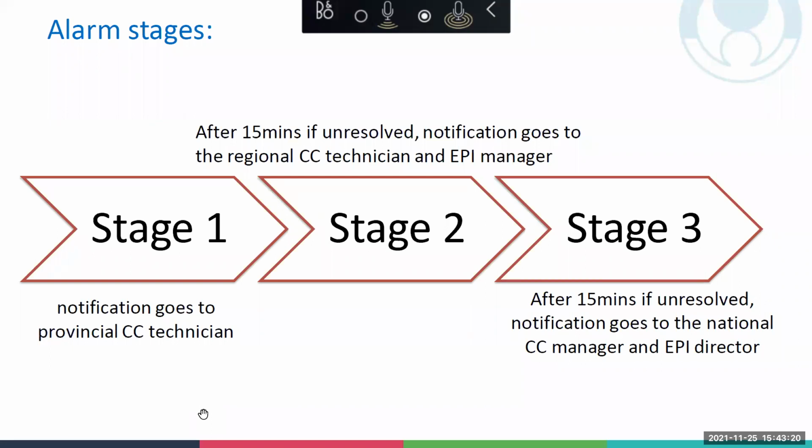If action is not taken and the issue is not resolved immediately, after 15 minutes the alarm notification goes to the next stage, and at that stage all the technicians involved at the level where the alarm comes from are notified and immediate action is initiated. So, next slide.